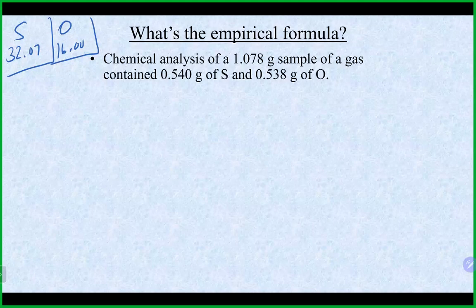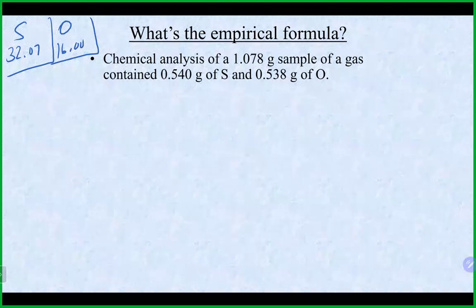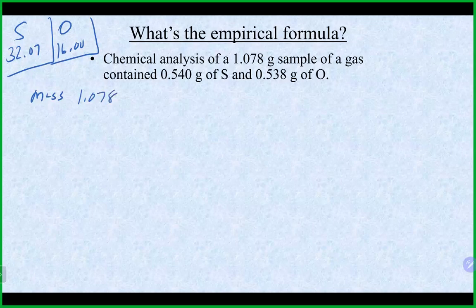Okay, let's take a look. We want to follow our steps. We are given the mass of the compound, which is 1.078 grams. It's really the mass that we started with. And we're told that we have 0.540 grams of sulfur and 0.538 grams of oxygen.